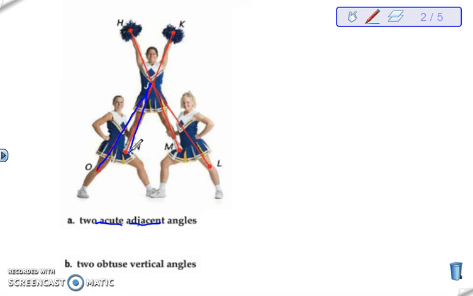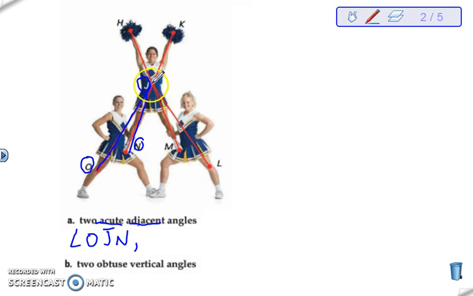Remember, when we're naming them, we pick the letters in the order that we pass through them when we trace it out. So it would go from O to J to N. So I have O, J, N, and I put a little angle sign in front so I know I'm talking about an angle. We said in order for it to be adjacent, it has to share one of the sides.